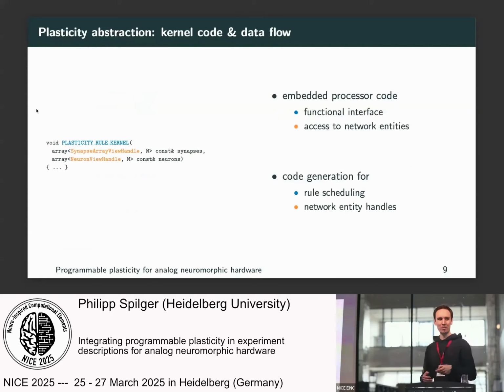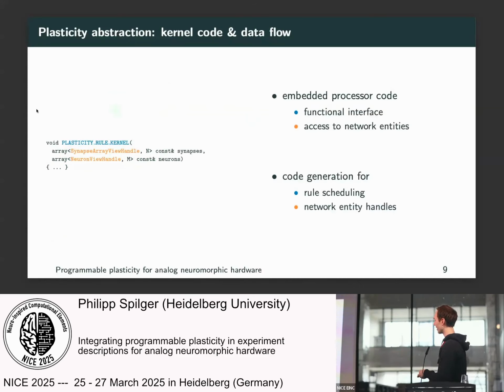And the embedded processor code we specify by specifying a functional interface, which is then called at the specified times during the experiment runtime. And it gets all network entities you want your rule to act on. And you can, in your function body, then look at observables of these elements or change parameters of these elements.